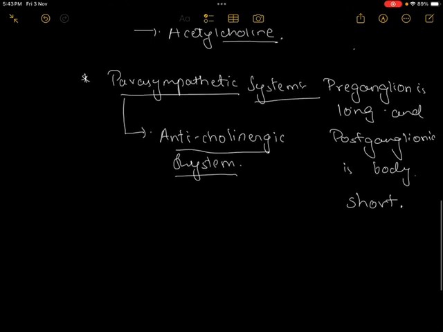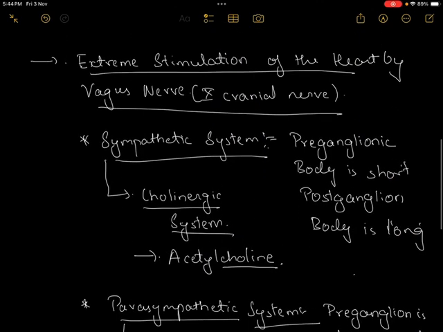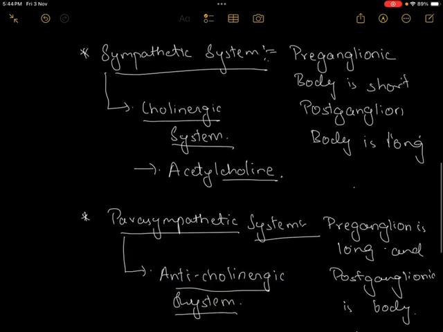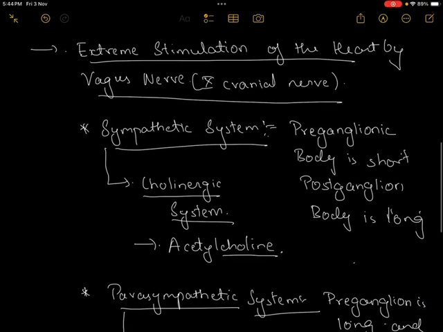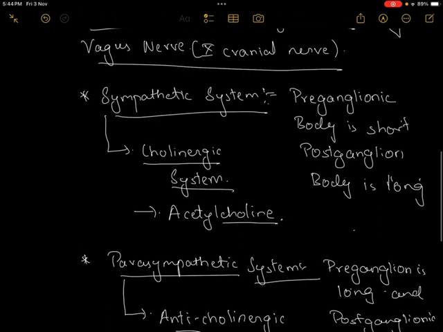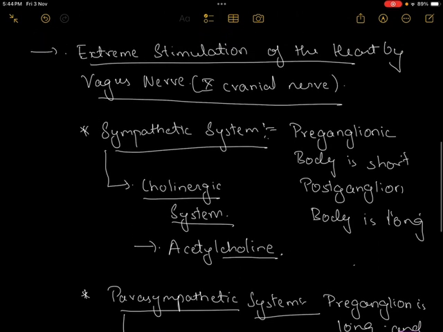So now coming back to the fact, the parasympathetic system is responsible for decrease in stimulation of all the organs.